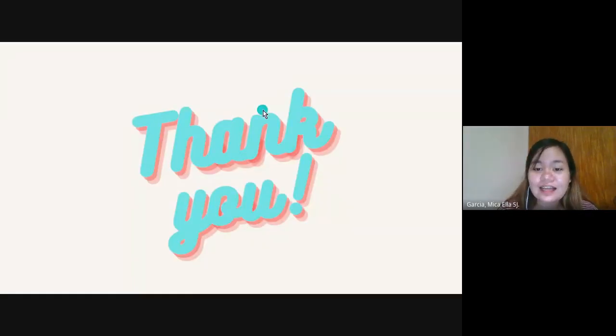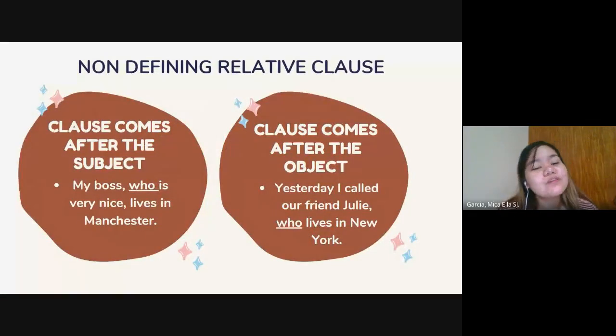Again, when we say non-defining relative clause, we just add additional information about the subject or about the object. Again, the sentence is still understandable without it.